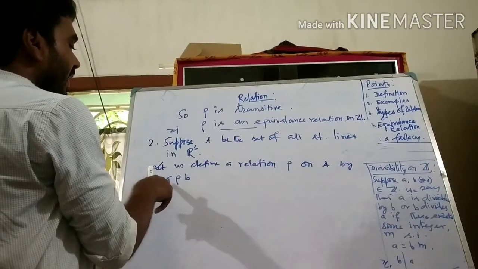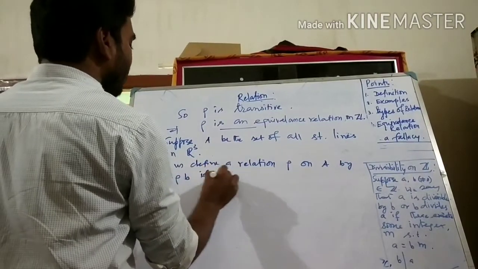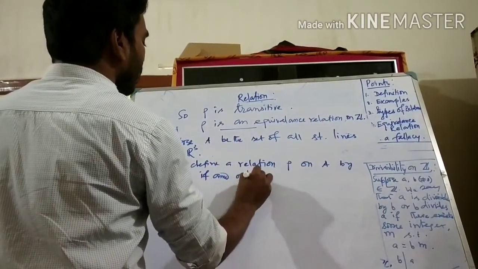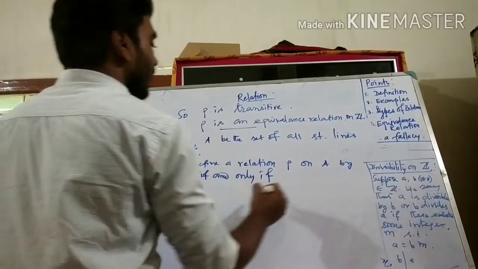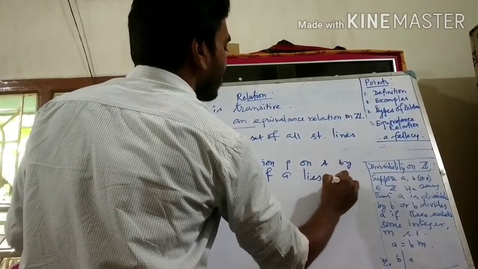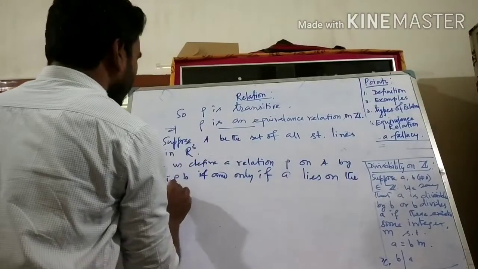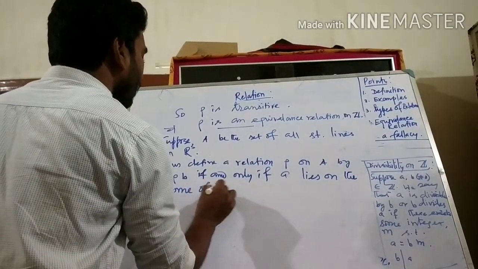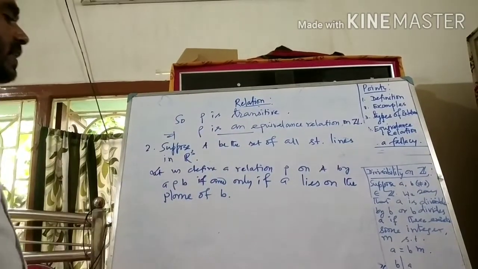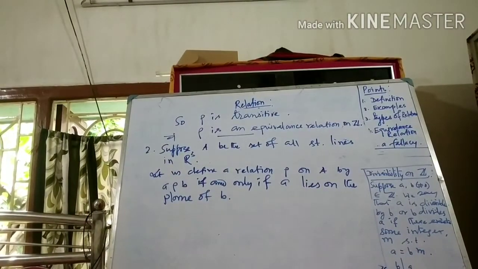So A is related to B if and only if A lies on the plane of B.